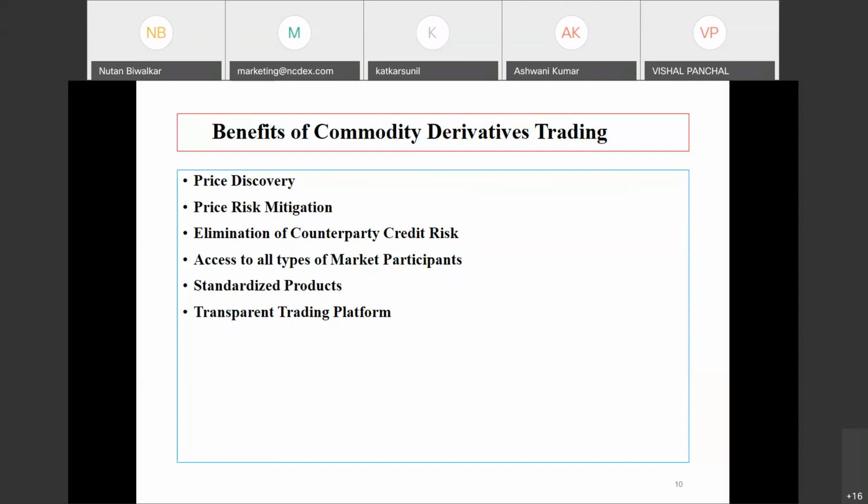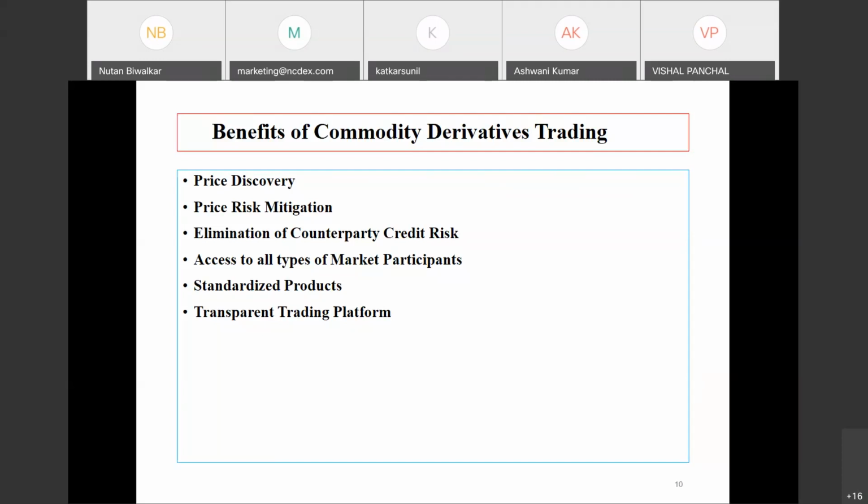How does it safeguard? By taking a position in the futures market which is opposite to the position in the ready market. It mitigates the risk associated with unpredictable changes in prices to a higher extent.